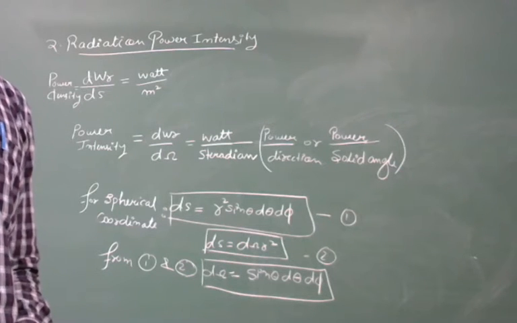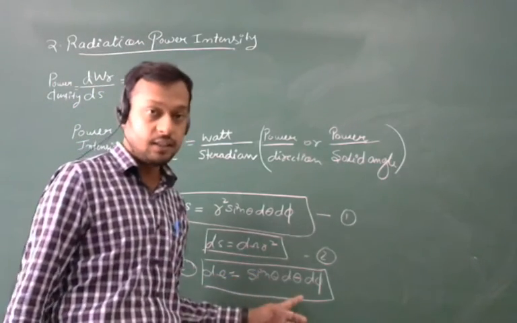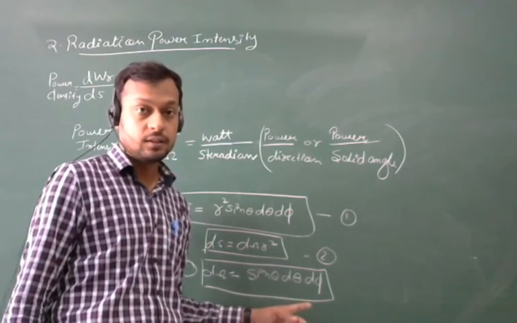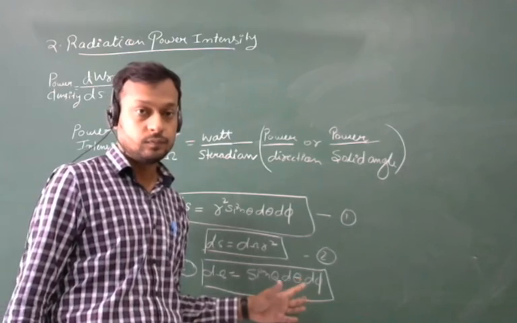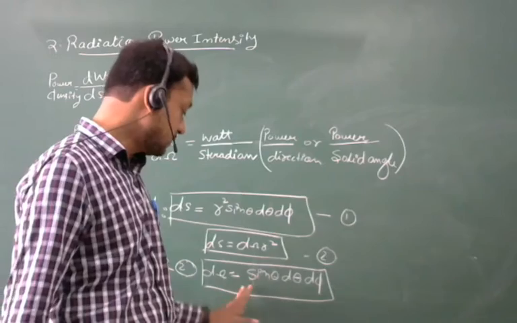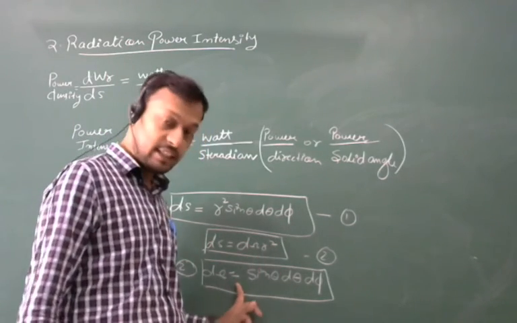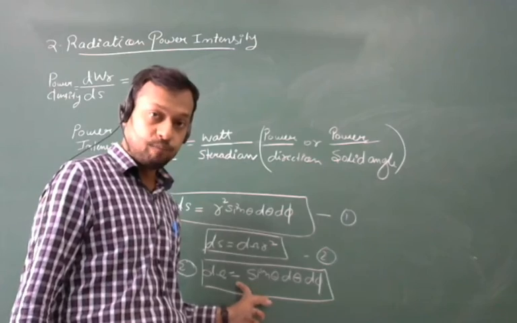So the r square term is not there in this radiation intensity.